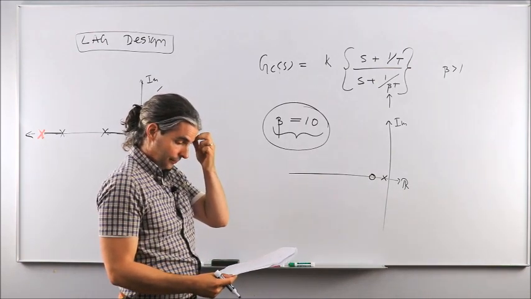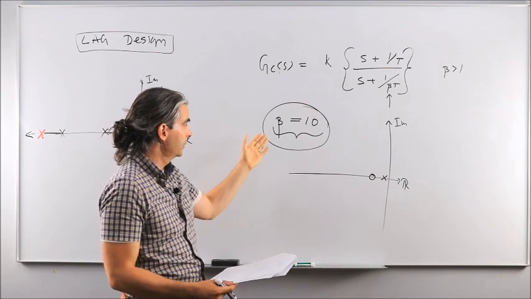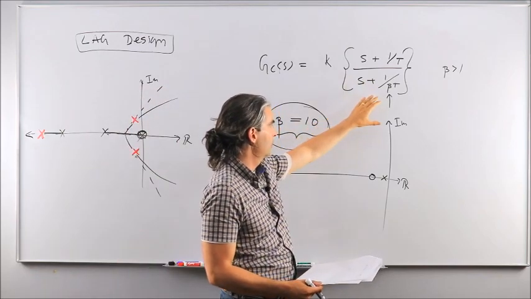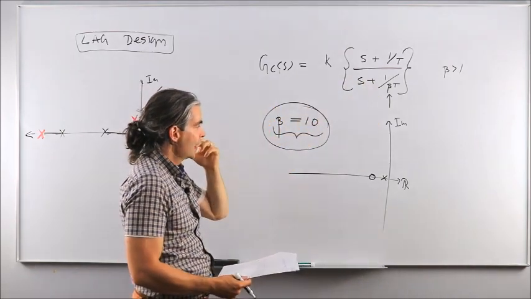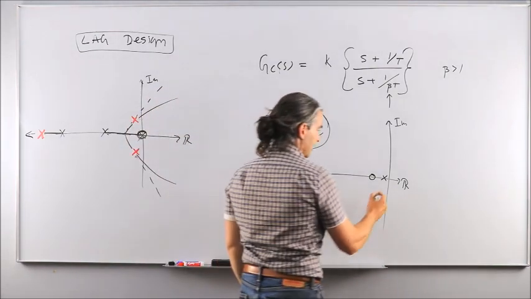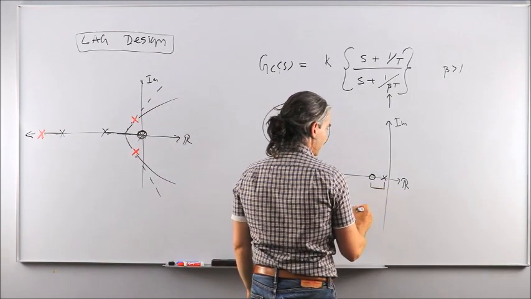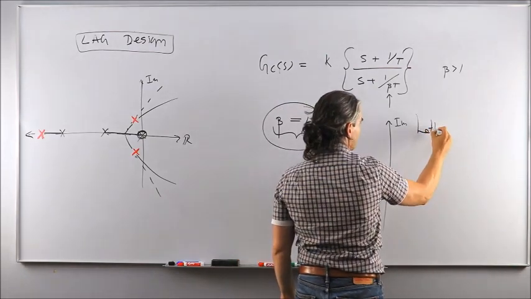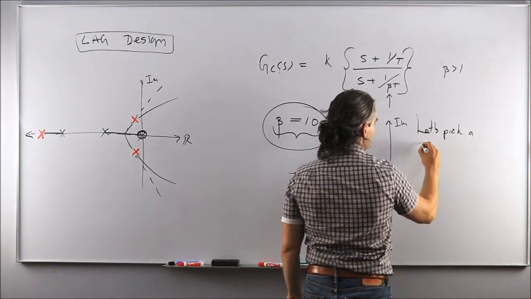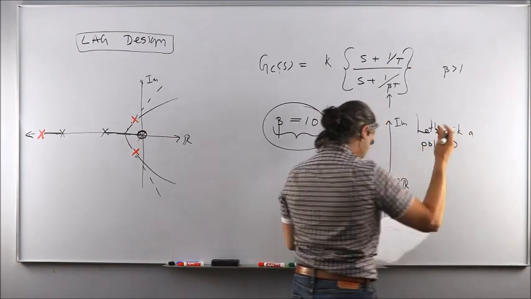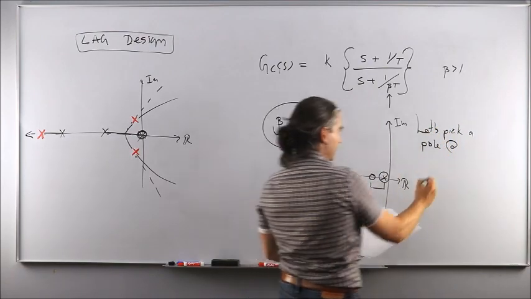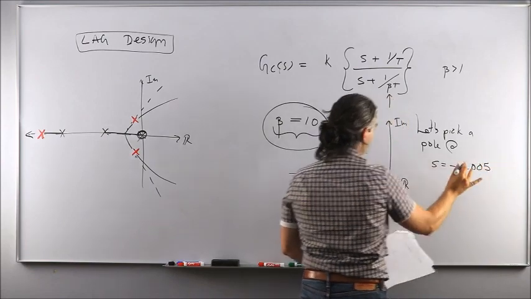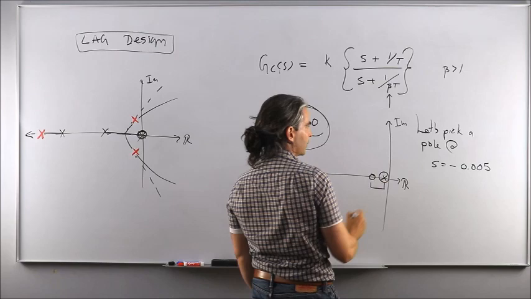Okay. So if all I need to ensure is that this ratio in terms of relative position of zero with respect to pole is this, then I'm going to arbitrarily select those two locations. So i.e. I could select the pole location. I'm going to say, let's pick a pole location at, in this example I have here, s equal minus 0.005, almost at the origin, just a tiny bit towards the left.